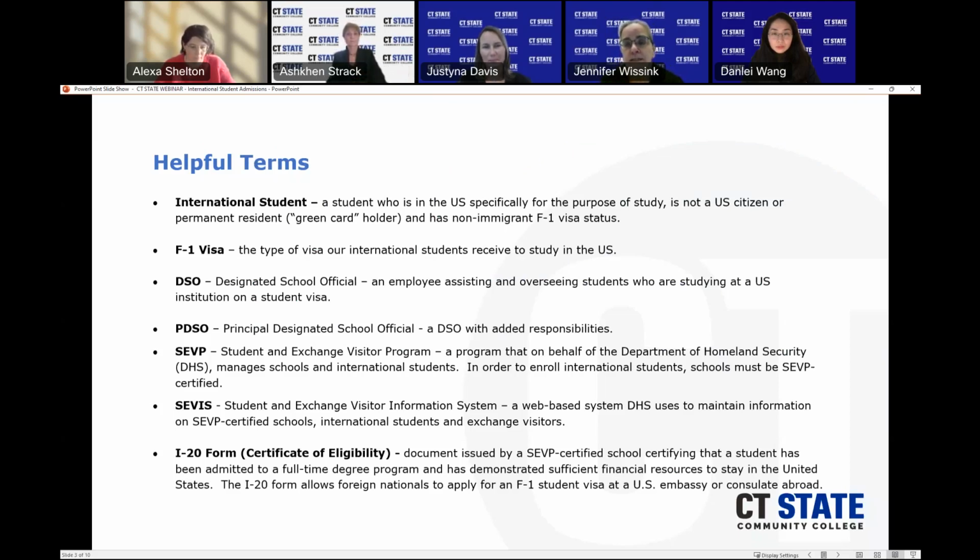They are not a US citizen or green card holder, and they have a non-immigrant F1 student visa, or they're intending to use the non-immigrant F1 student visa. The term international student for our purposes does not include just anybody who is from another country originally. It is specifically related to their visa status. The F1 student visa is the type of visa that our international students receive. It is specifically for someone that's coming to the US just for the purpose of study.